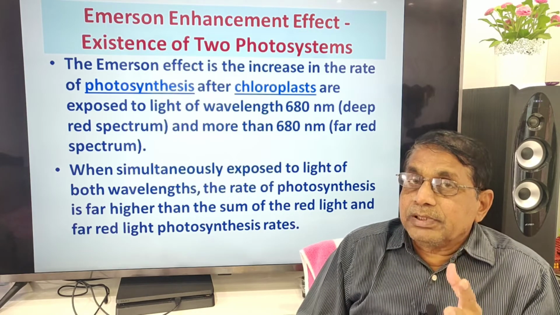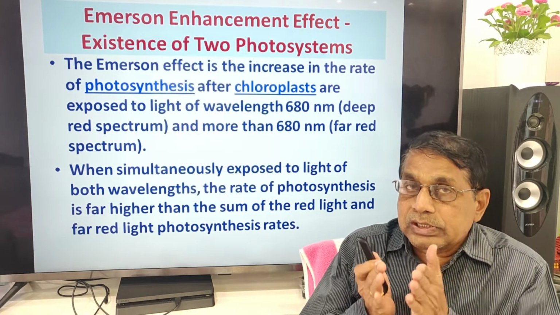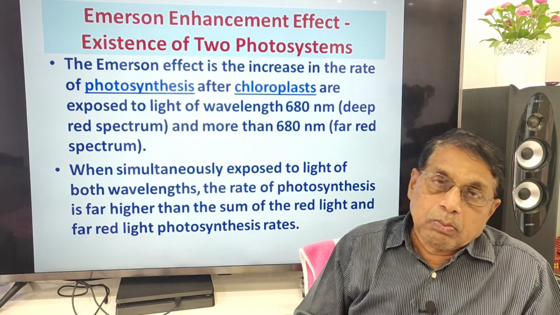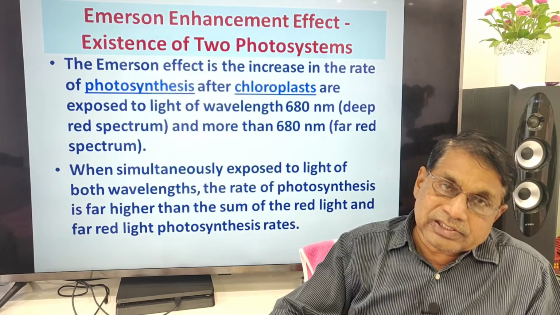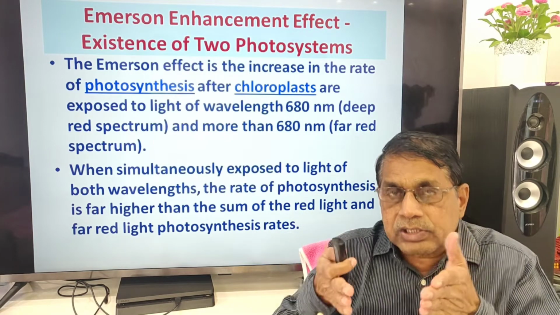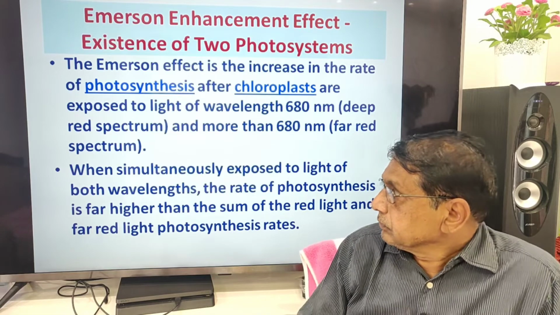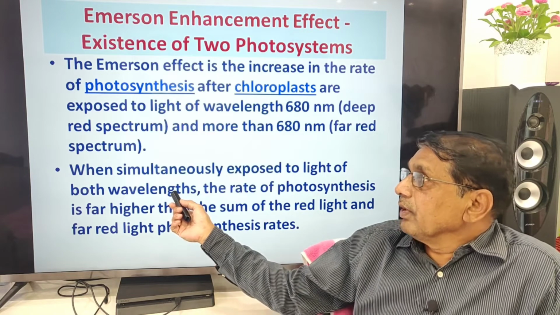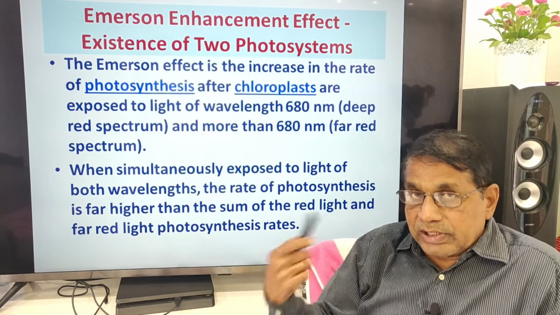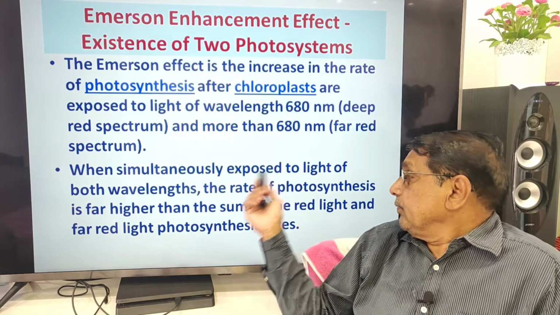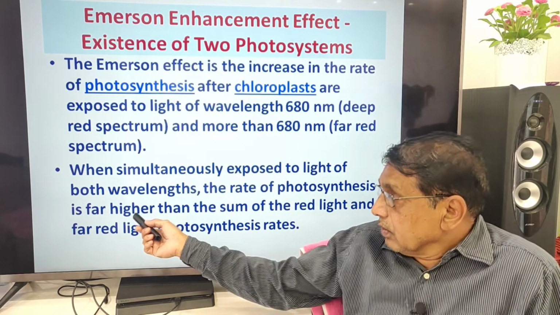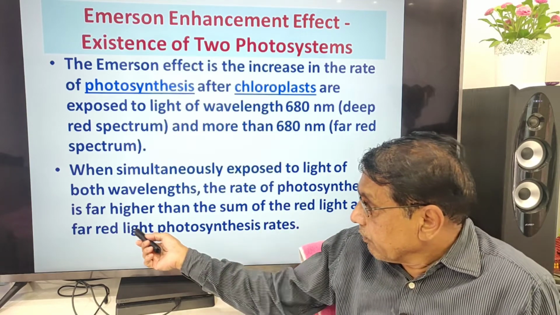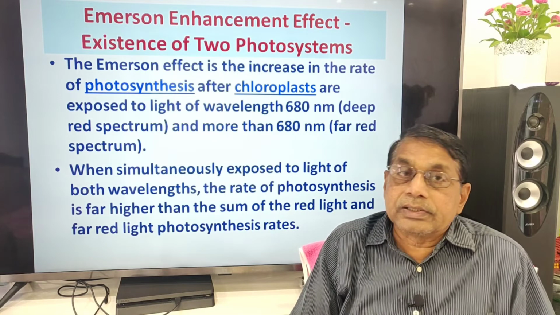Then in another experiment, he exposed the chloroplasts, green plants, to two types of light simultaneously, more than 680 and less than 680. When he simultaneously exposed the light of both wavelengths, the rate of photosynthesis was far higher than the sum of the red light and far red light photosynthetic rates.